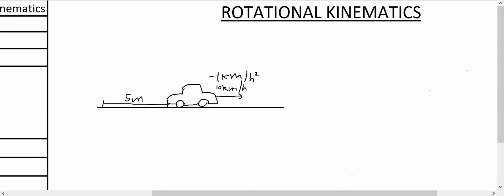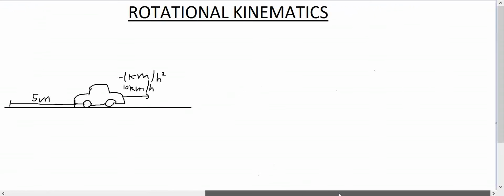But if it reduces by 1 km per hour for each hour, then it's negative 1 km per hour squared. All of these can be applied to angles as well in rotational kinematics.